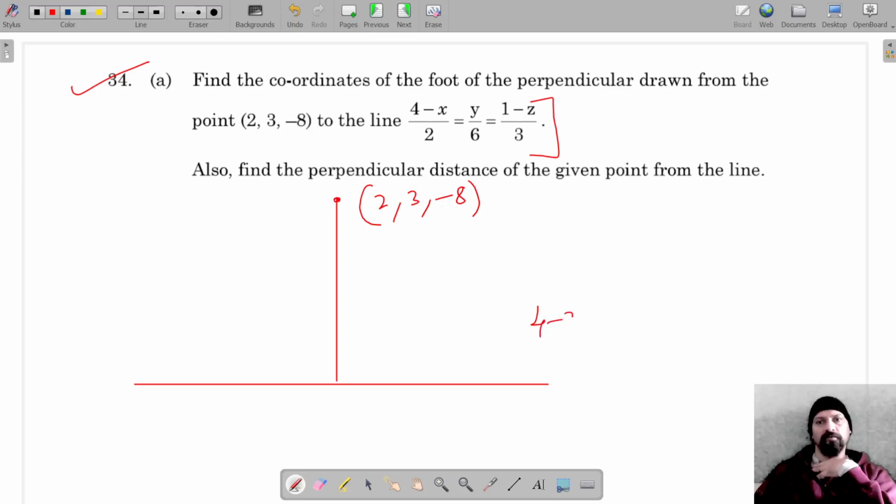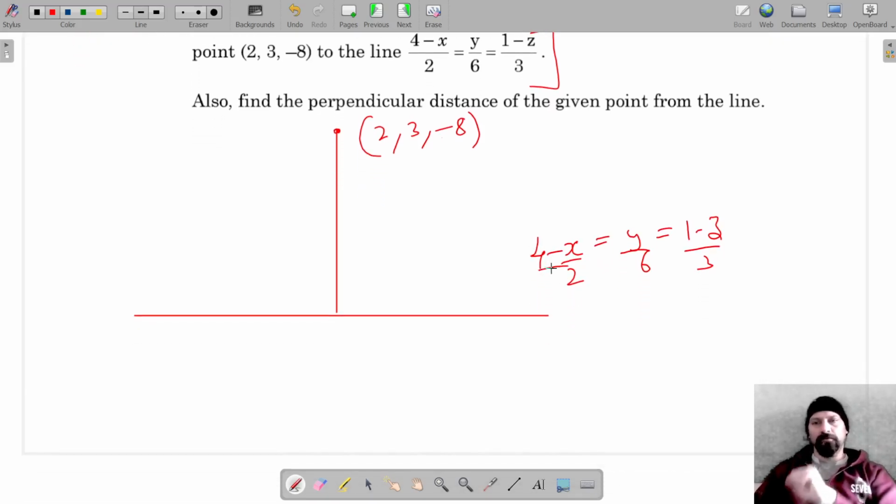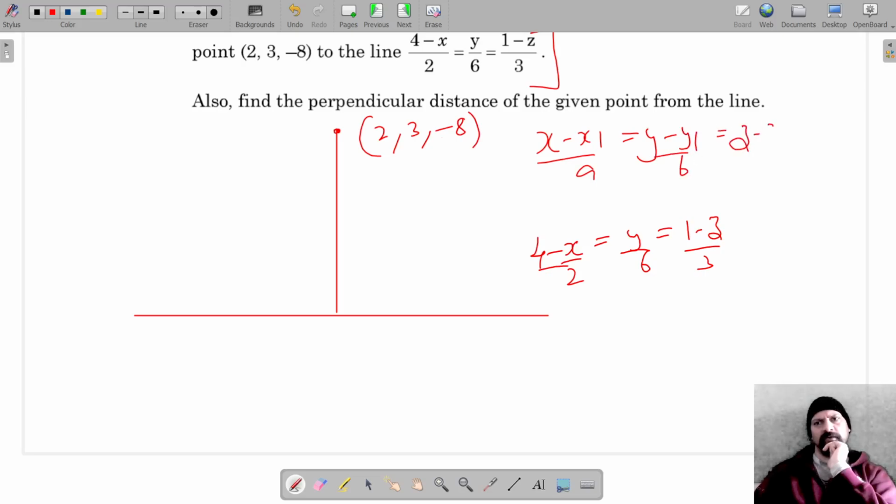This is (4 minus x) by 2 is equal to y by 6 is equal to (z minus 1) by 3. Now let's get this in the standard form, because the standard equation of the line in Cartesian form is (x minus x1) by a is equal to (y minus y1) by b is equal to (z minus z1) by c.